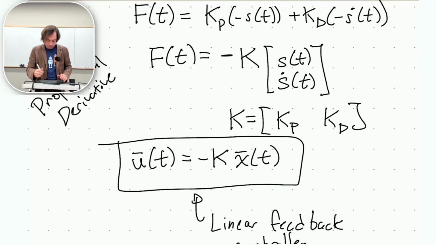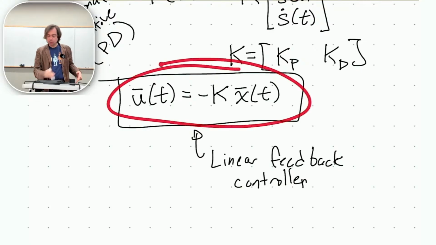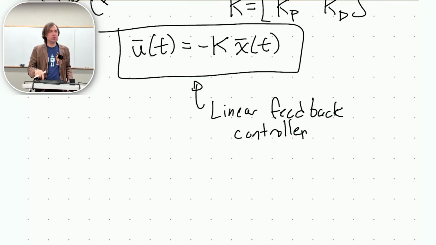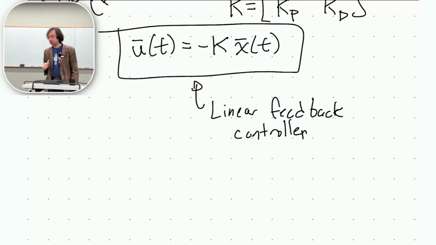All right, that's what PD stands for. Linear feedback controller. So that PD controller that you've written out many times, you could write in this way. Interesting. Turns out this is a super important form for feedback controllers.